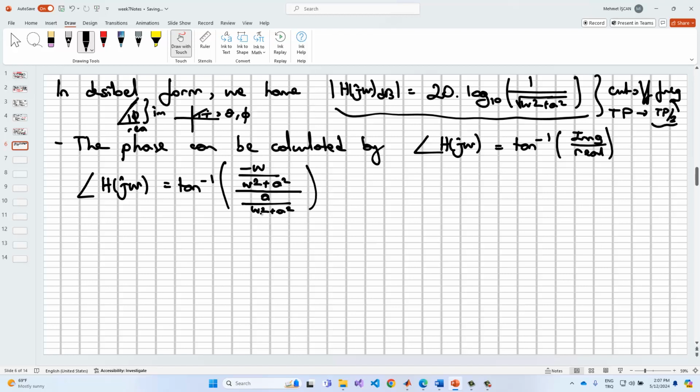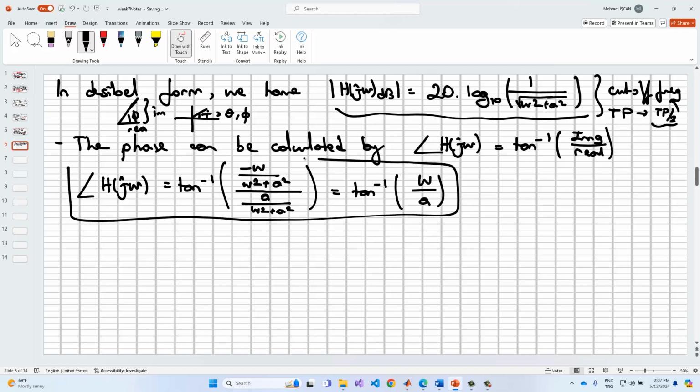This is the imaginary part, this is the real part, and so we can write that this is the formula for w divided by a, the phase representation of our formulation, or this could be written as minus arctan(w/a).